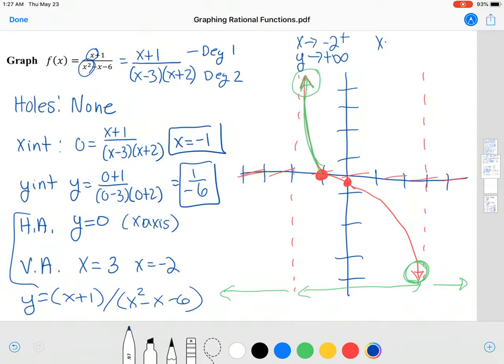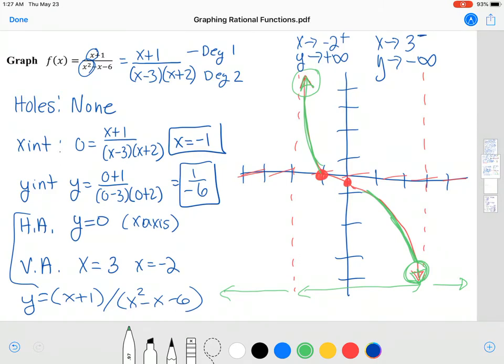I would say as x approaches 3, and that's going to be coming from the left, so that's going to be this side here. We would say 3 with a little minus there to symbolize that we're coming from the left, and I would say y approaches -infinity because that arrow is going down on that side. So another review of that arrow notation.